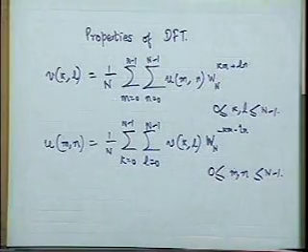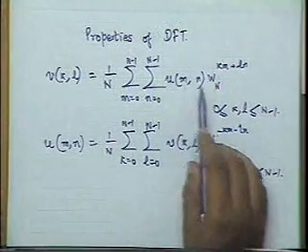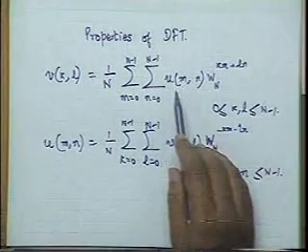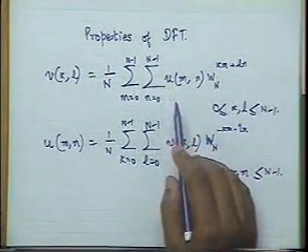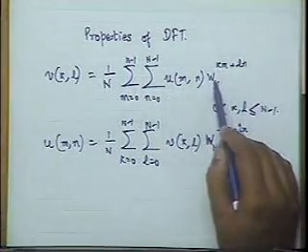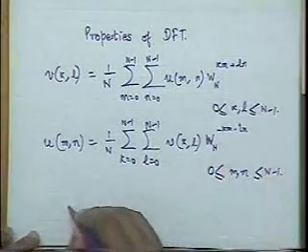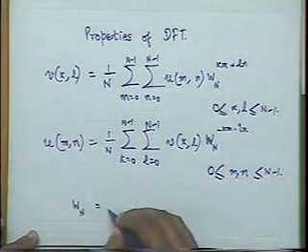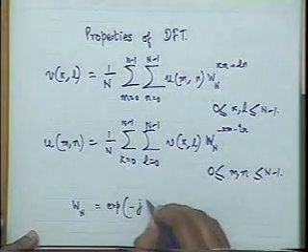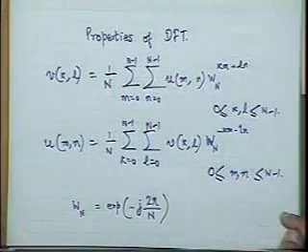All right, u(m,n) is the image. It is in the image domain, that is to say it is in the spatial domain. What we have in the transformation matrix is W_N raised to the power km plus ln, and I had defined W_N as exponential to the power minus j 2 pi by capital N, where capital N is the length of the sequence.